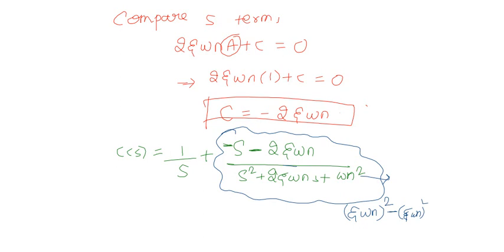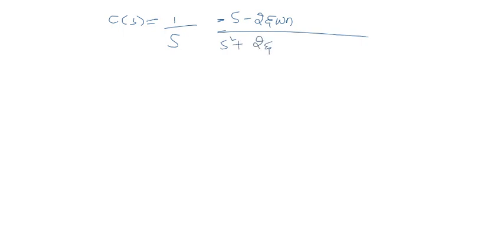Then C of S becomes equal to 1 by S minus 2 zeta omega n whole divided by S square plus 2 zeta omega n S plus omega n square, with zeta omega n whole square added and subtracted here.